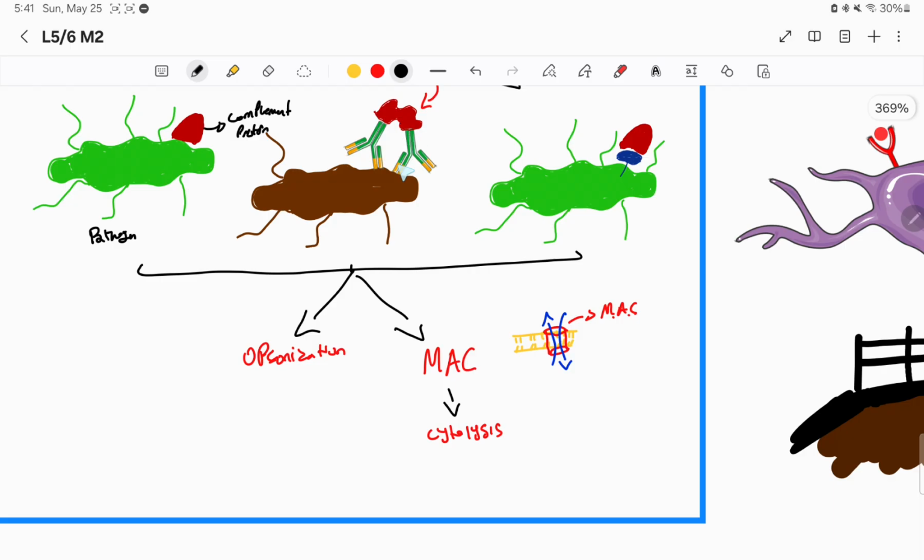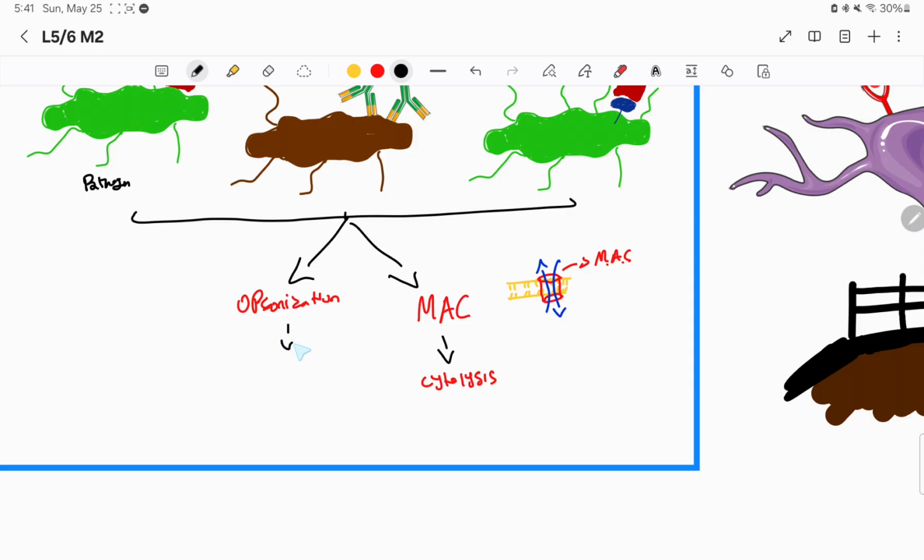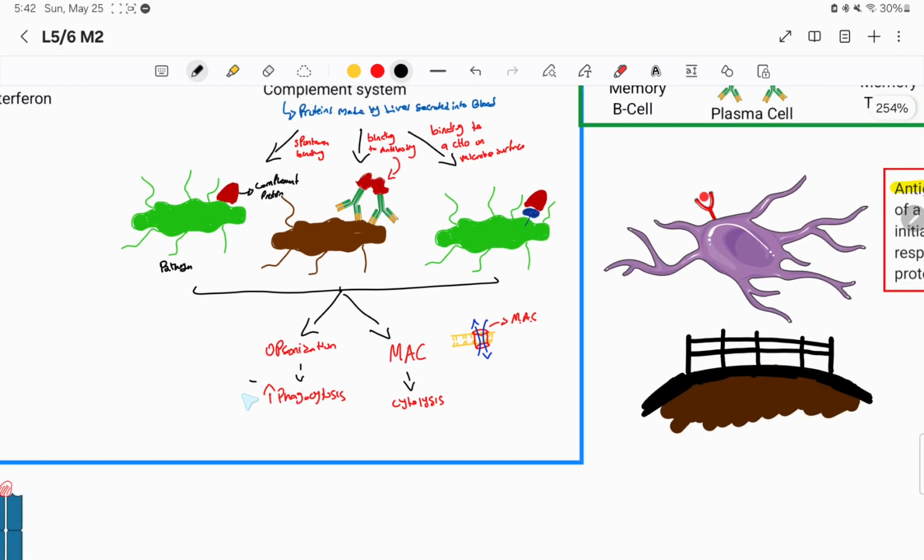When these complement proteins go and bind to this bacteria, it is going to increase the rate of phagocytosis. How so? Well, essentially, it makes the bacteria or the microorganisms seem more tasty to our phagocytes, such as neutrophils and macrophages, okay? So that's what opsonization is.